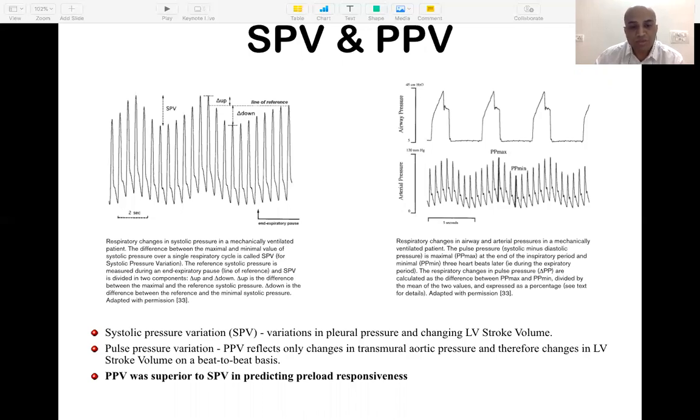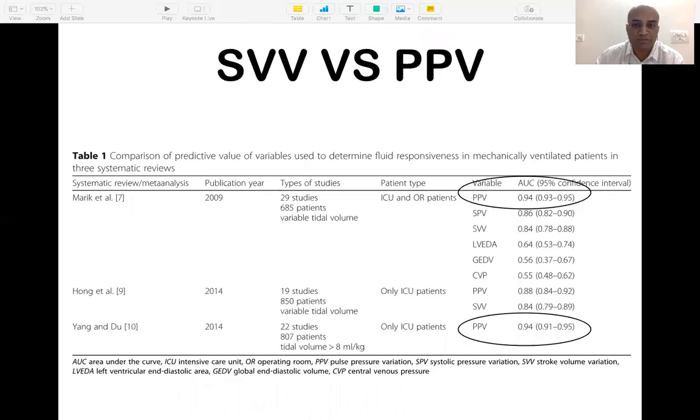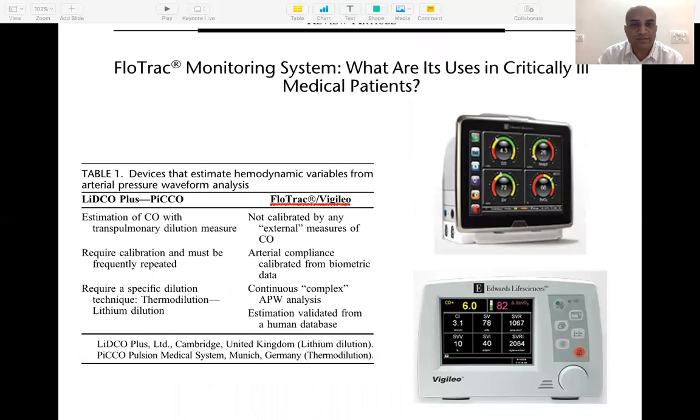But pulse pressure reflects only the changes in the transmural aortic pressure. Therefore, it is more predictive of fluid responsiveness compared to systolic pressure variation. A systematic review of 5-6 studies has shown that pulse pressure variation has an area under the curve of more than 0.9, which is much more sensitive compared to the other indicators.